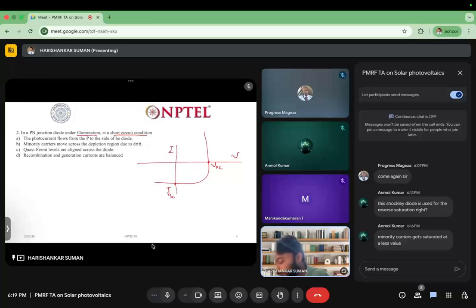Yes, please. PN junction diode under illumination, at short circuit current condition.